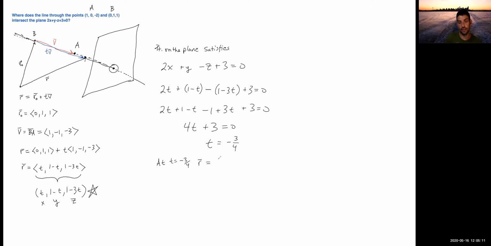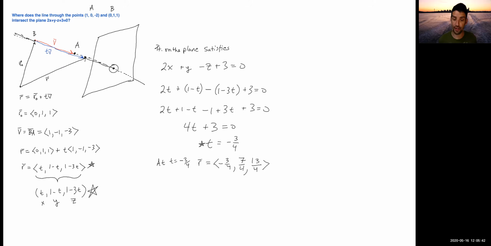r is equal to, and I'm just putting t equals negative 3/4 into our equation: negative 3/4, 1 minus negative 3/4 is going to give me 7/4, and then 1 minus negative 3 times 3/4, so 1 plus 3 times 3/4, 4/4 plus 9/4 gives me 13/4. Right, so I just put this value of t into this equation.